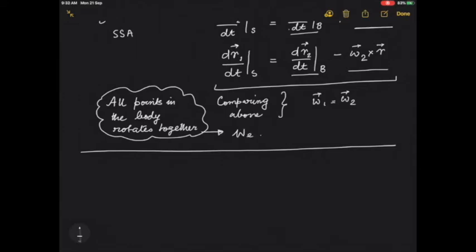Right? Nice. So for the rigid body, we need to consider only one instantaneous angular velocity.